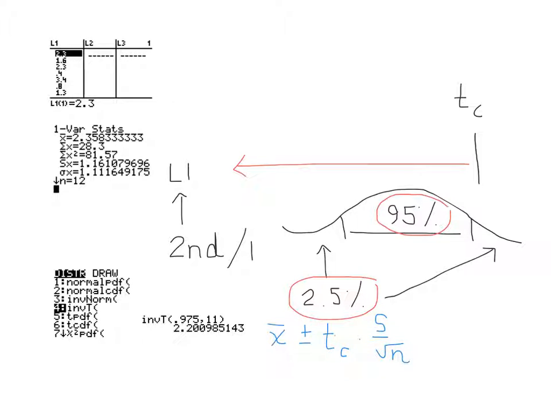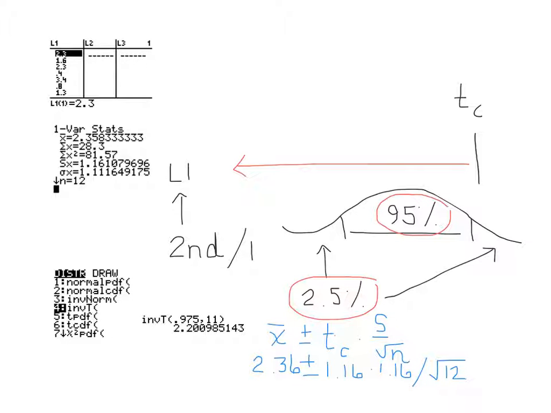So our x bar is 2.36 plus or minus our critical value in this t-distribution, times our s, which is 1.16, over square root n, which would be over square root 12.